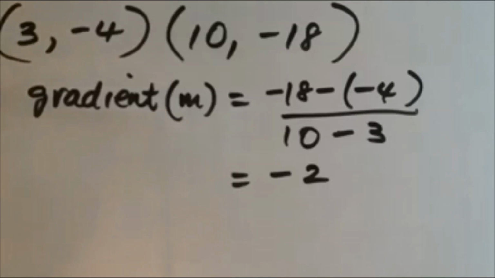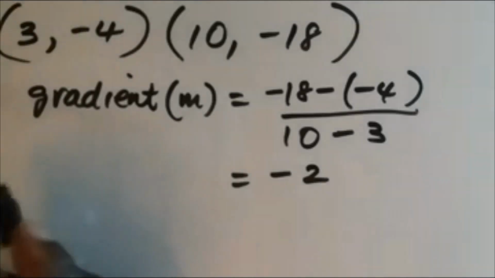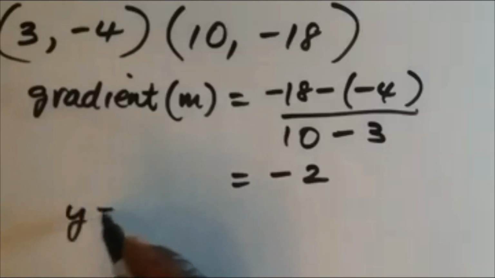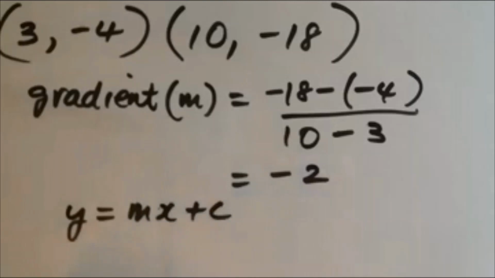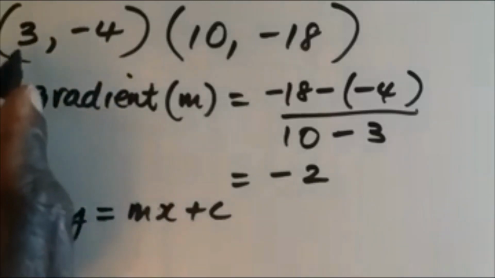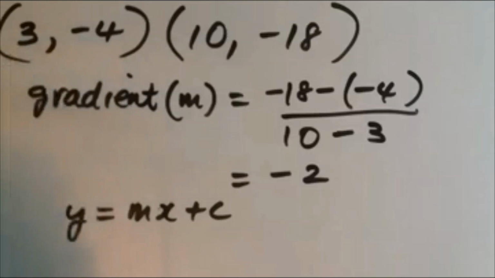But how do we find c? Well, we know the equation of a line is y is equal to mx add c. m is the gradient, and x and y are coordinates of a particular point. So we'll use this point 3, comma, negative 4.